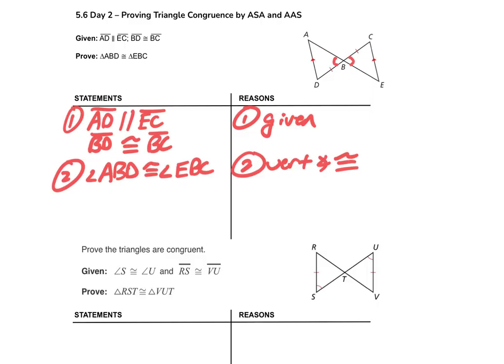We had alternate interior angles, we had corresponding angles, we had all kinds. When I do these, we're typically talking about alternate interior angles. Now, here's where you've got to be careful.